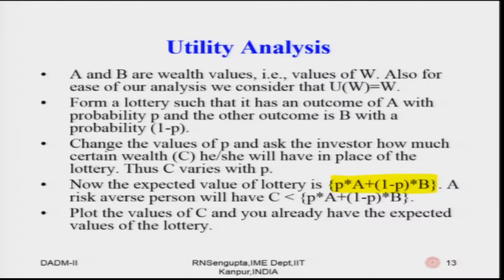A risk averse person will have the value of C is less than... he does not want to take the risk. Wait, let me check. Yes, I think there is some... check 1 minute.